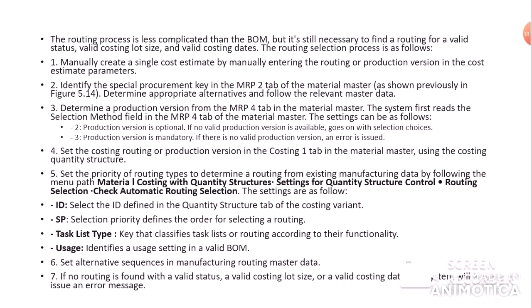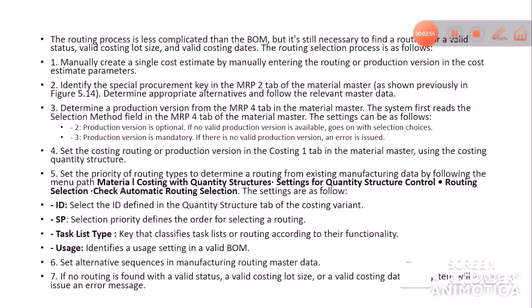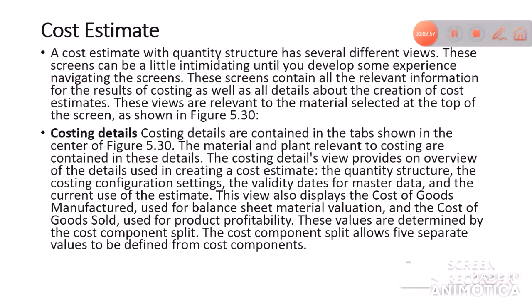If no routing is found with a valid status, a valid costing lot size or a valid costing date, the system will issue an error message. A cost estimate with quantity structure has several different views.